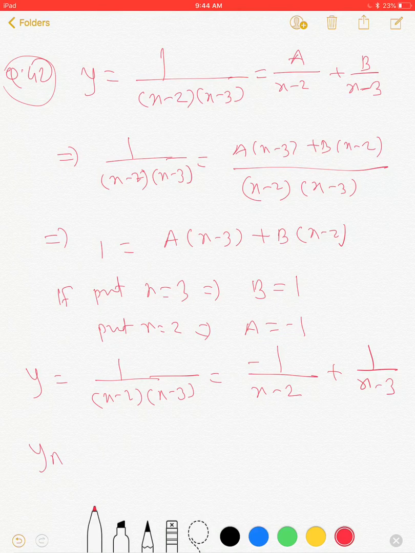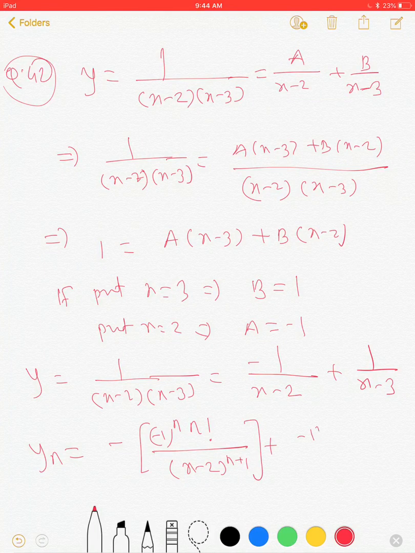So its nth derivative can be written, by using the same formula, that is if y is equal to 1 upon ax plus b, then its nth derivative is minus 1 raised to the n into n factorial into a raised to the n upon ax plus b raised to the n plus 1. So the minus sign is common, so its nth derivative is minus 1 raised to the n into n factorial upon x minus 2 raised to the n plus 1 plus minus 1 raised to the n into n factorial upon x minus 2 raised to the n plus 1.